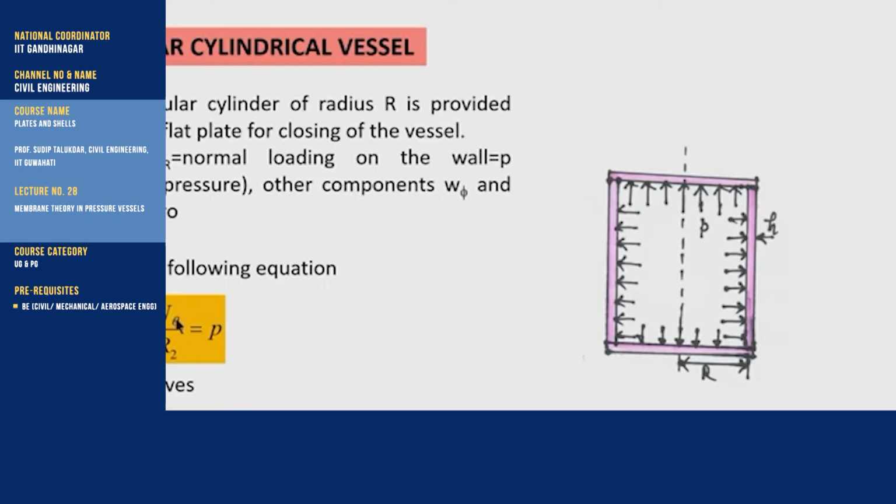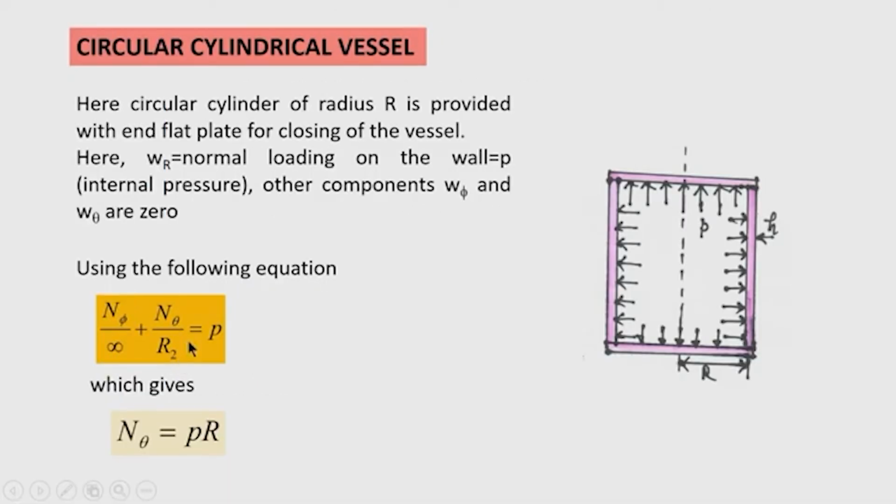So, only this term remains, n theta by r 2 equal to P. Now, for the cylinder, r 1 equal to r 2 equal to r, the radius of the circular cylinder. So, n theta is readily obtained as P into r. The circumferential stress n theta, which is called the hoop stress, acting along the circumference, is P into r.